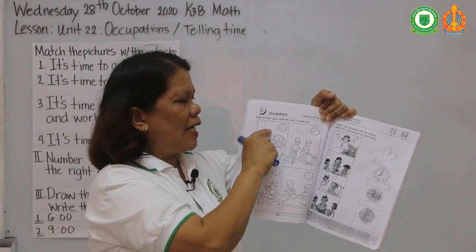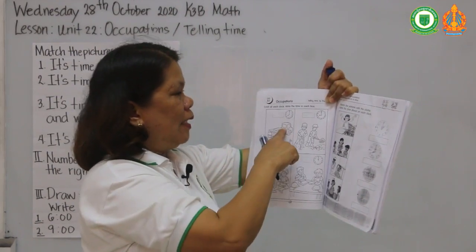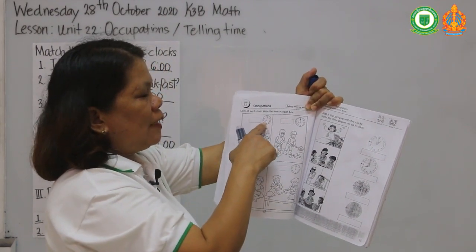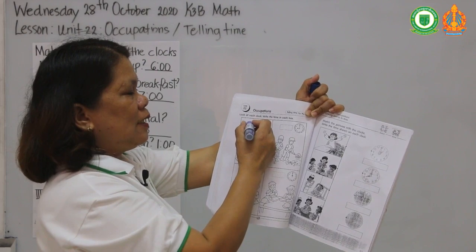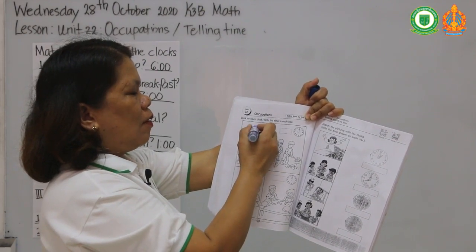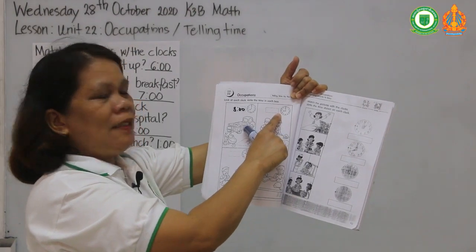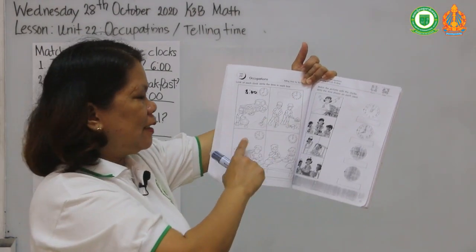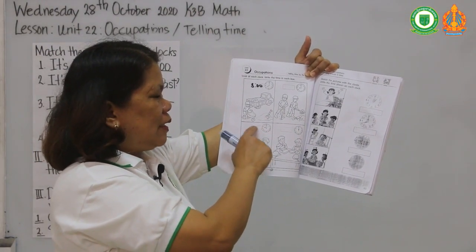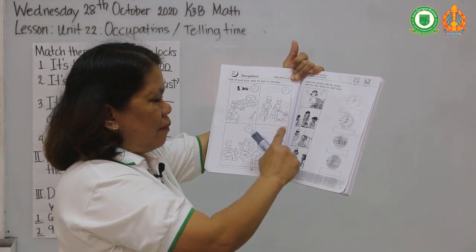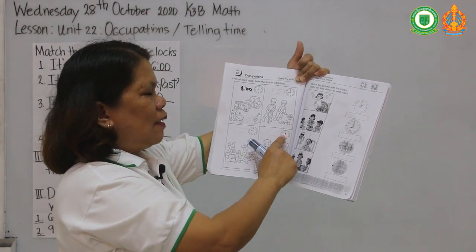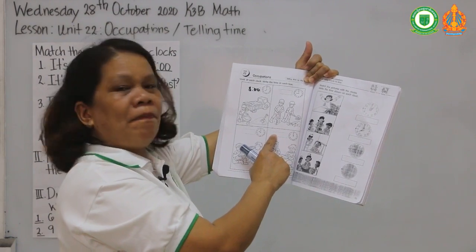For example, number 1, what time is it? The short hand is pointing to number 8, so it is 8 o'clock. Then number 2, what time is it? You write inside the box. Number 3, what time is it? You write here. And number 4, you're going to write the time inside the box here.